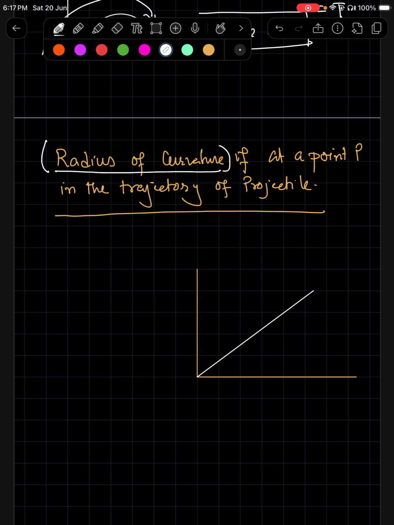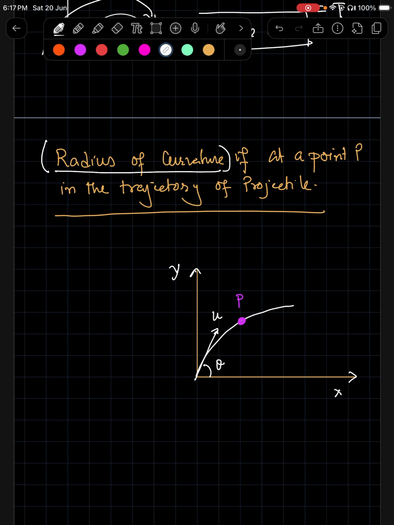Suppose this is the projectile motion, with the y-axis and the x-axis. In the trajectory of this motion, we have to find the radius of curvature at the point P. Initially, the motion is along u, the initial velocity, with angle of inclination theta.